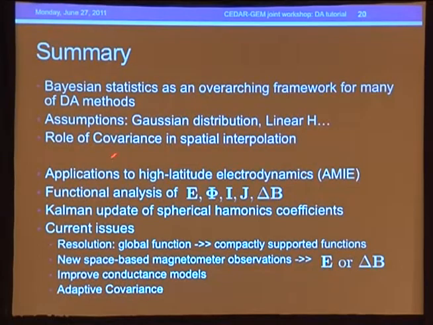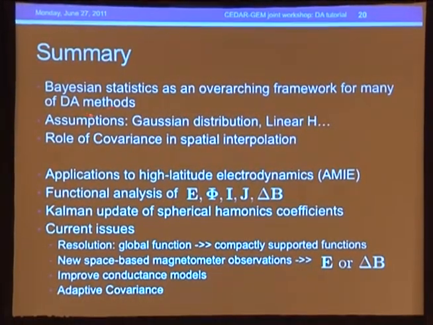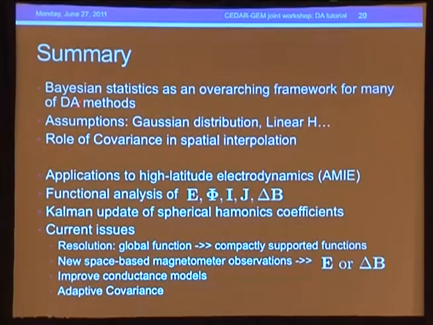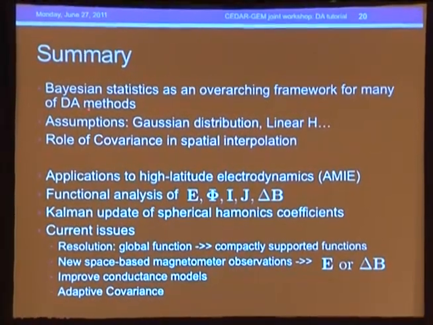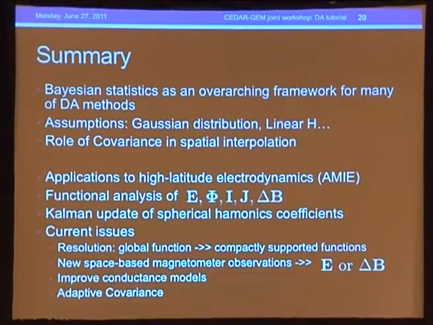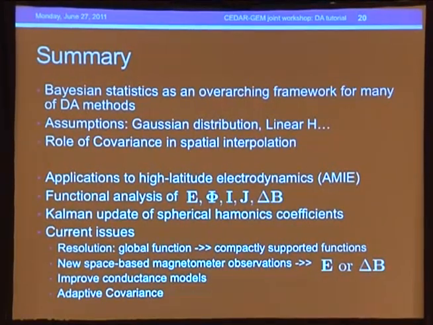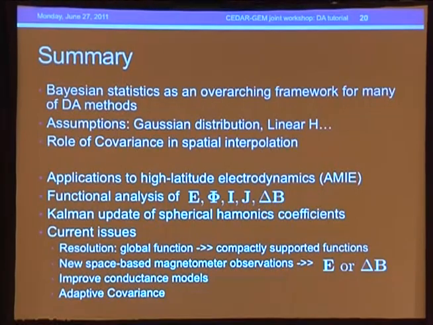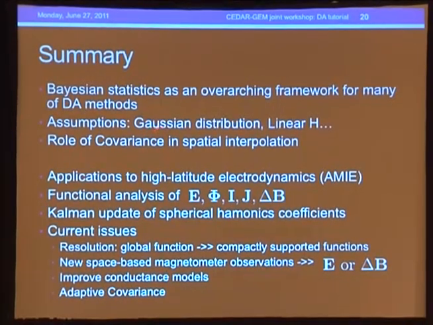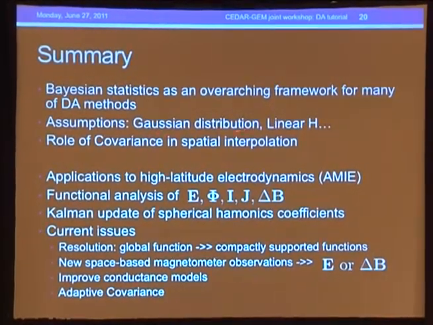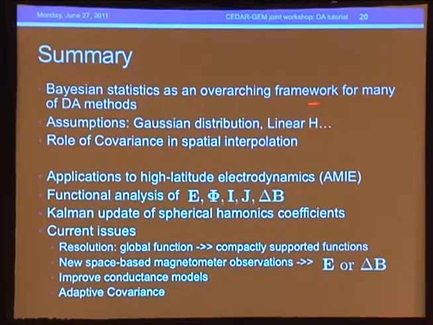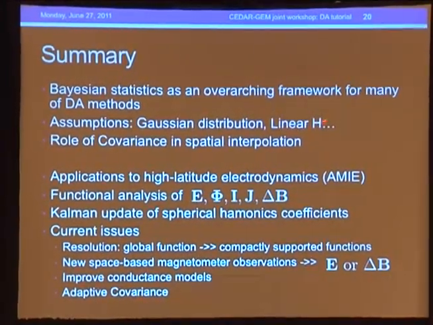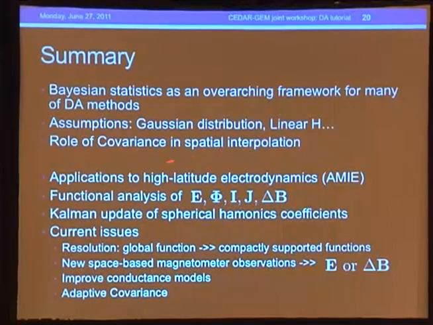Okay, so coming to the summary. I explained that data assimilation methodologies, most of them, you can understand in terms of a Bayesian statistics framework, and that gives a good overarching framework. An important thing is that we assume the PDF is Gaussian distributed, and the observational operator H is assumed to be linear, or can be linearized.